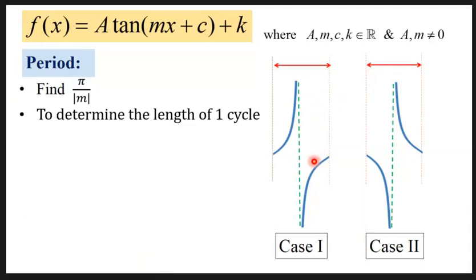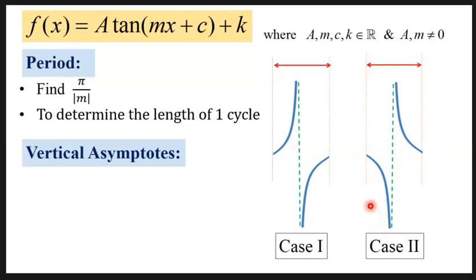As you can see from the one cycle graph here, I have a green dotted vertical line, and this is the vertical asymptote. The way to calculate the vertical asymptote is to begin by solving mx + c, the bracket terms here, equals π/2 to get one initial vertical asymptote.